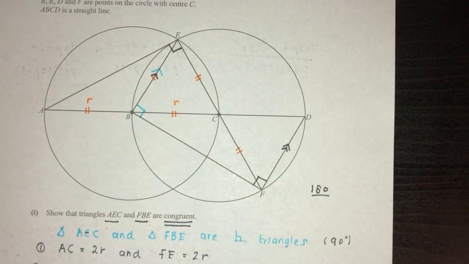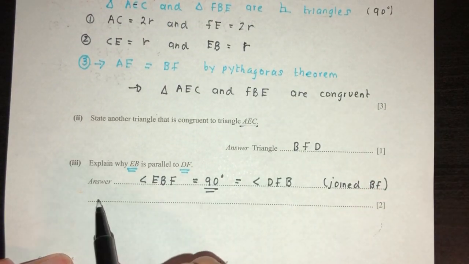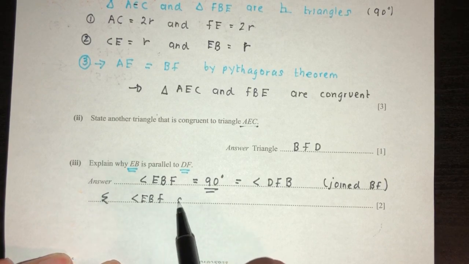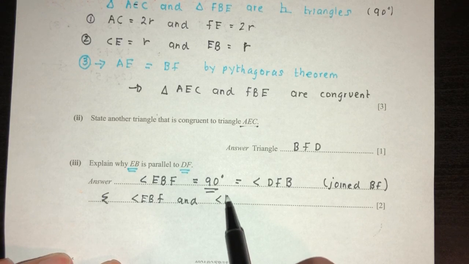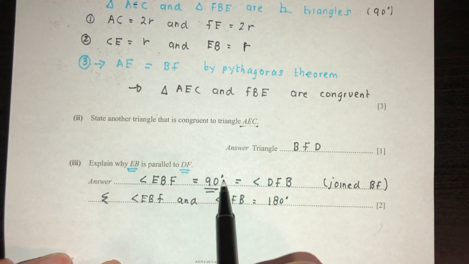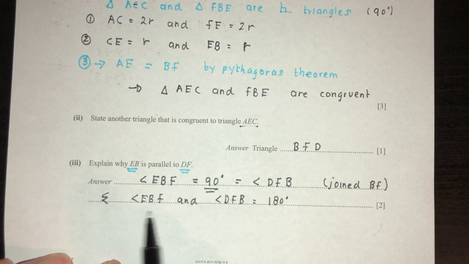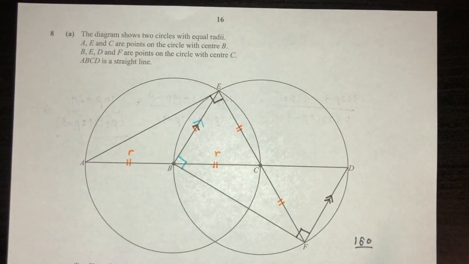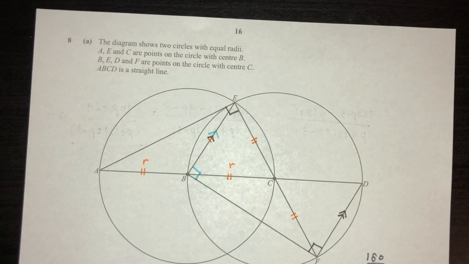Okay, so let's write this down, because that will be a better answer actually. Because sum of the angles EBF and angle DFB is 180. By writing this, I am trying to say this, so this will be a better answer why it is parallel. That will be part A.